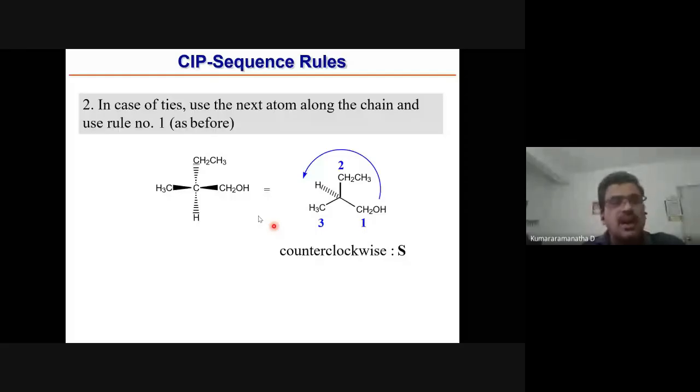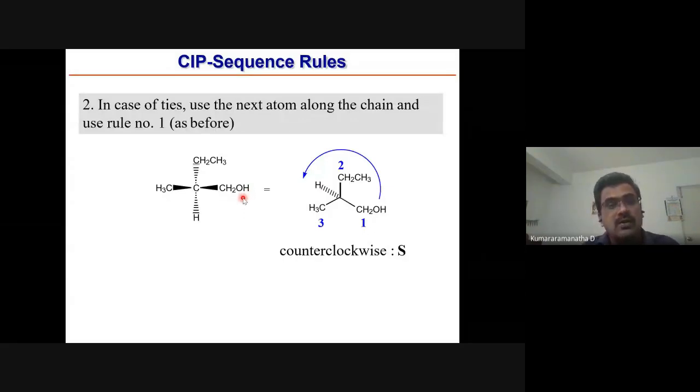Now you can see here CH2OH, CH2CH3, CH3. Compared to ethyl and methyl, ethyl is higher because you have 2 carbon atoms, whereas here you have 1 oxygen atom. So what you do, first priority is this.